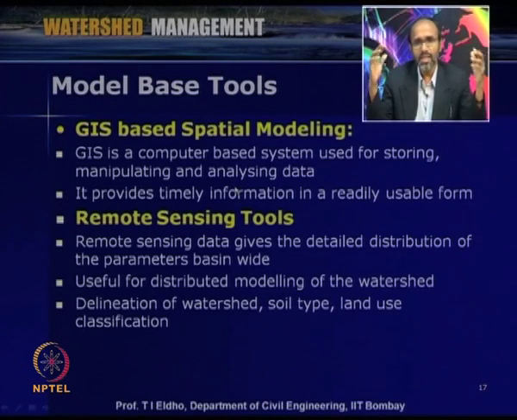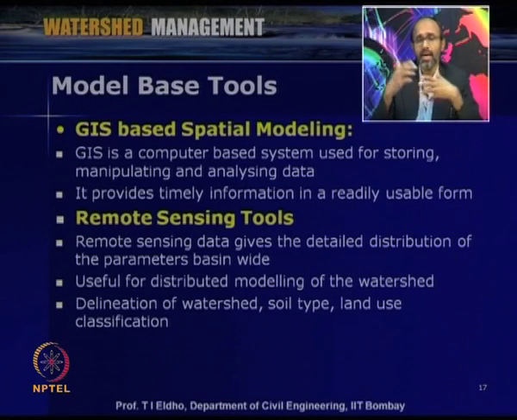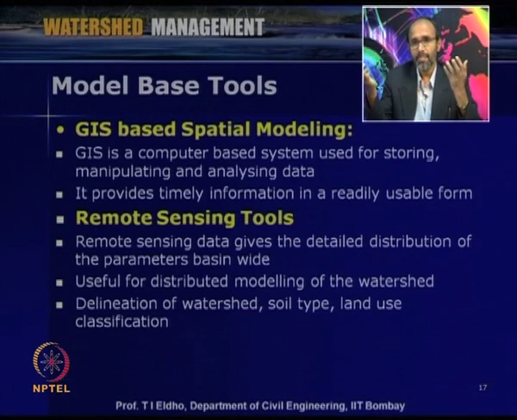So, based upon the data we can manipulate the data and then generate different maps like topographical maps, then land use map, land cover map, soil map, digital elevation model. So, all these aspects we have seen. So, GIS is very helpful, especially in the case of watershed management or water resource management. So, that way GIS can be effectively used as a part of the decision support systems.